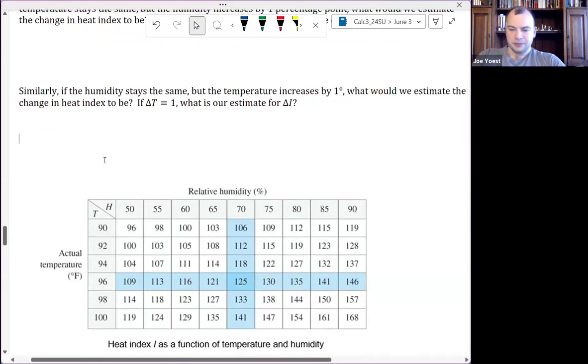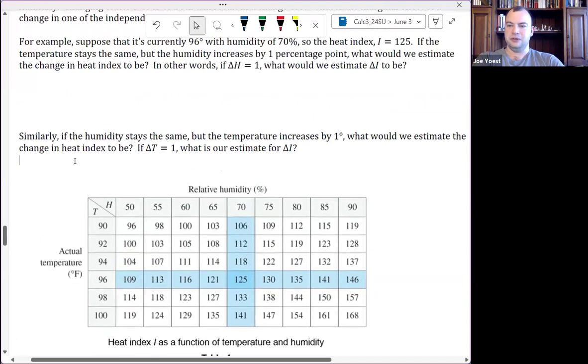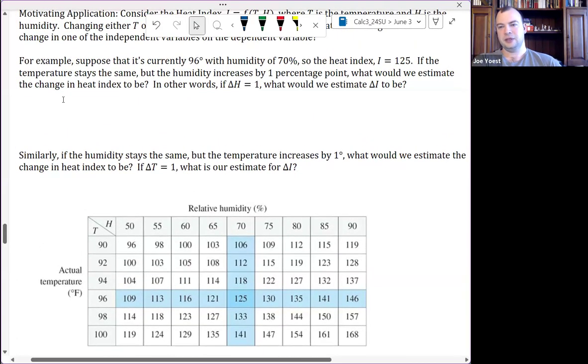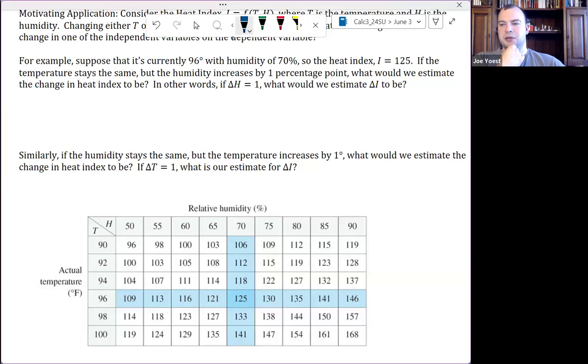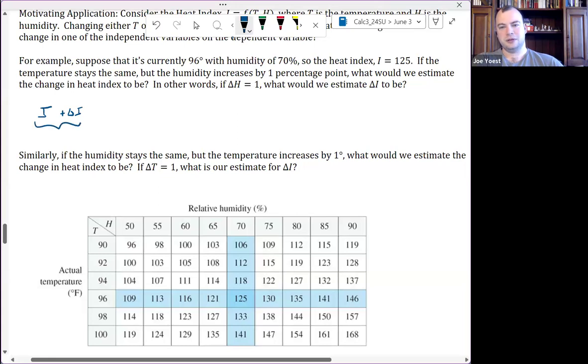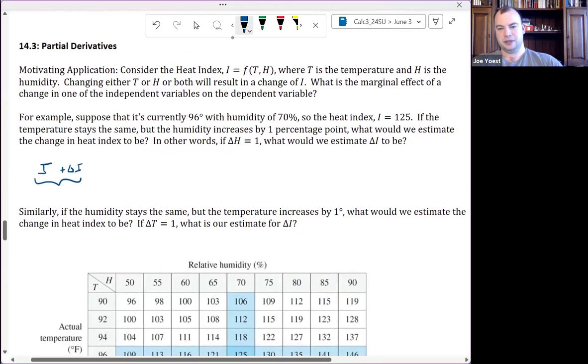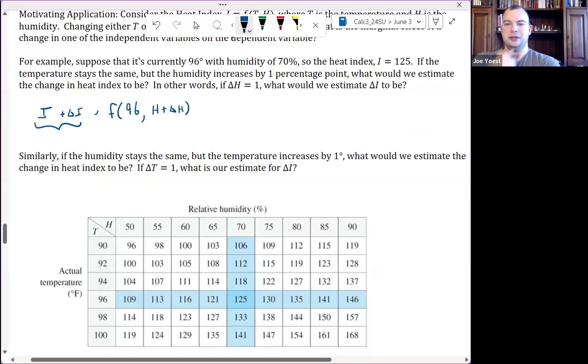So let's take a look here. Maybe I'm going to delete a few of these spaces for the time being. What I'm interested in is how does delta I change, or what is my new heat index? So I plus delta I is f of the temperature, which was 96 and stays the same, and here I have H plus delta H. How do these relate to one another?